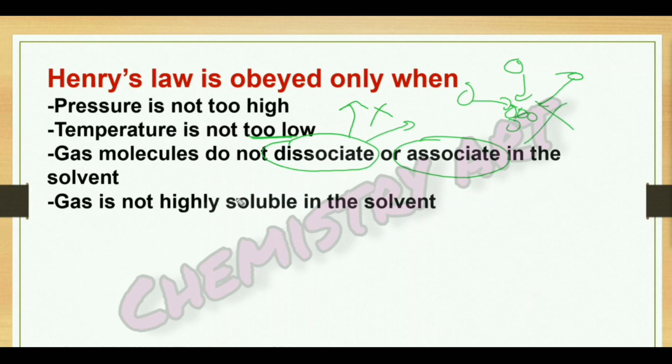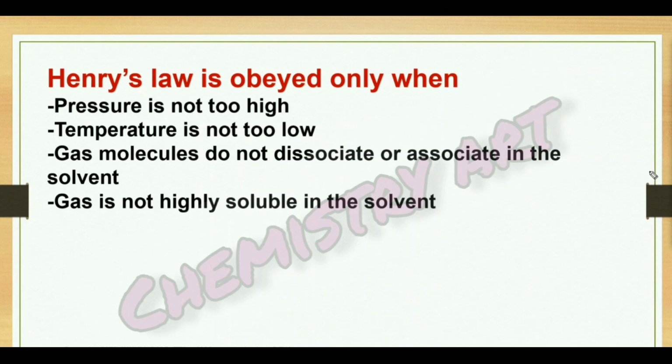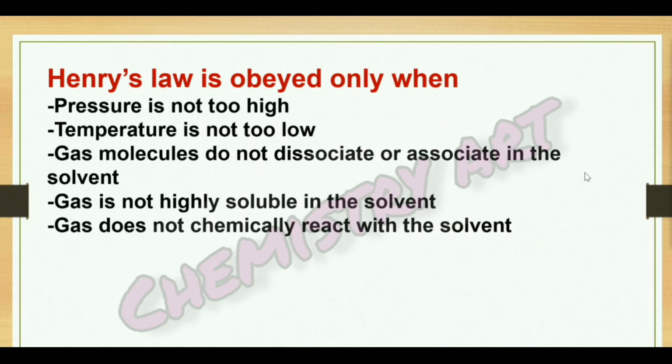Okay, so for those gases we can apply Henry's law, and the gas is not highly soluble in a solvent. For these gases only we can apply Henry's law. Now the last point is the gas does not chemically react. It is also very important. The gas should not chemically react with the solvent. For that kind of gas we can apply Henry's law.